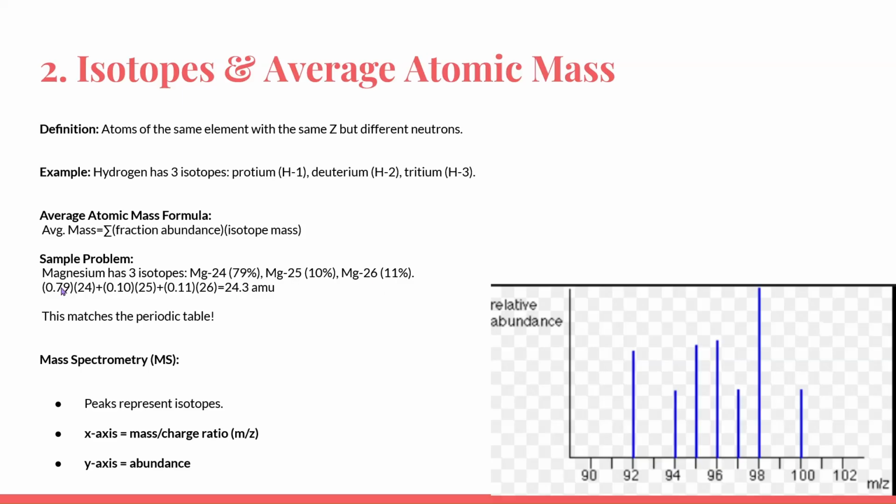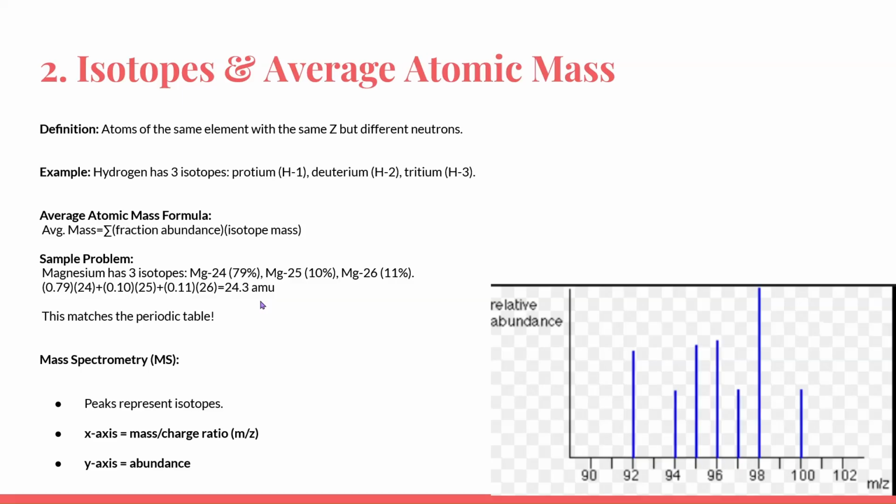And so basically what you do is you do the fraction abundance times the isotope mass, which in this case is 24 for this one, and then 0.1 times the isotope mass, which is 25 for this one, and then 0.11 times 26, which is the isotope mass for this one, and then you basically do the summation of everything, which means you just add everything together, and that should give you the AMU. And yeah, this matches the mass of magnesium on the periodic table, which is 24.31.